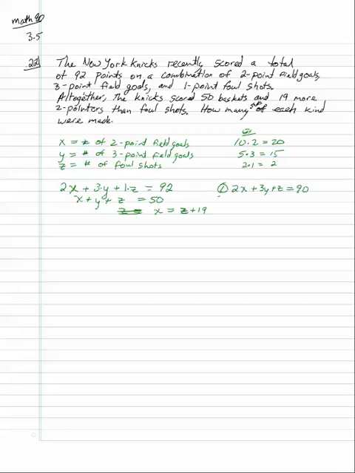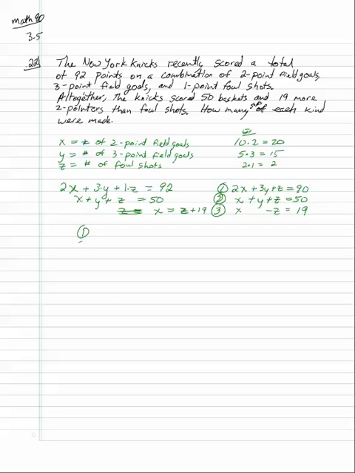So that's equation 1. Equation 2, x plus y plus z equals 50. Equation 3 is x minus z equals 19. All right. Well, let's get rid of z for all 3 of them, because I've got that minus z.